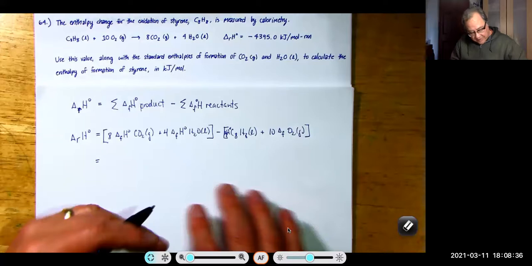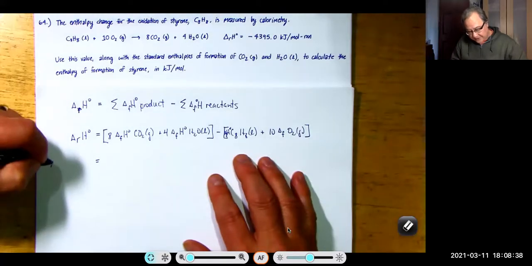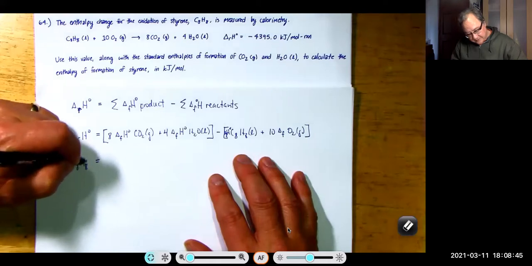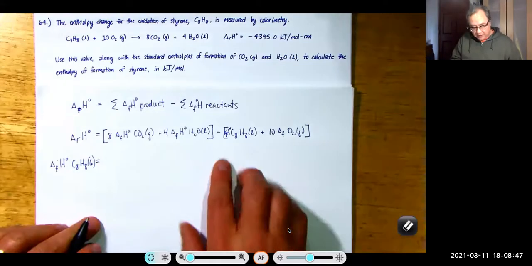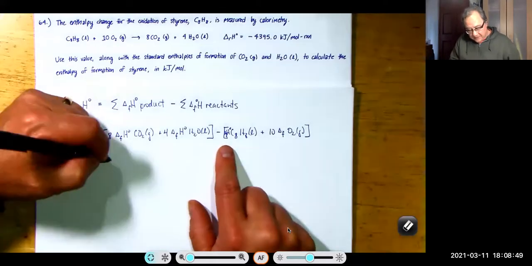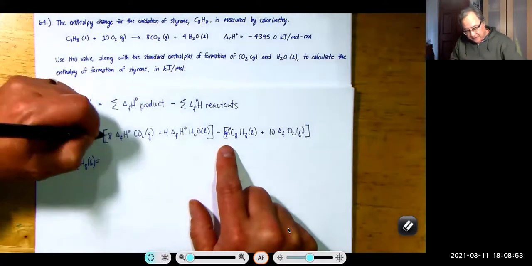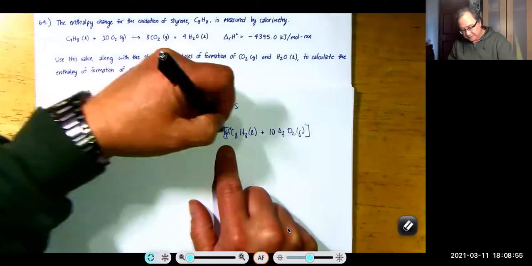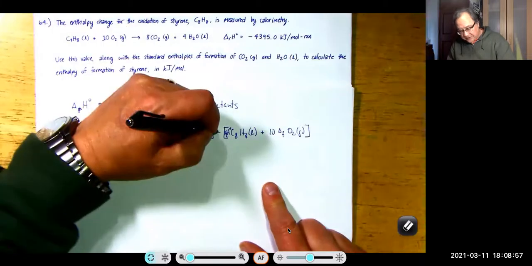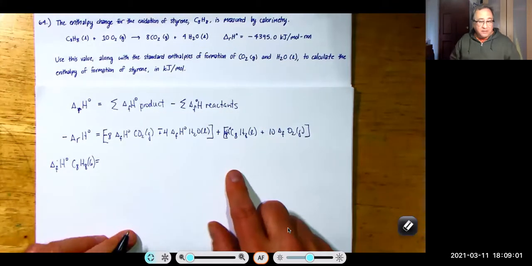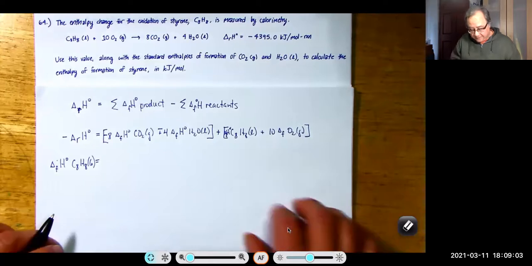So I'm going to do my little algebra magic, and this change in enthalpy of formation of styrene is going to equal, I'm going to put a negative here, a negative here, a negative here, and a positive here so that that becomes positive and that becomes positive. So basically I took the negative of everything.